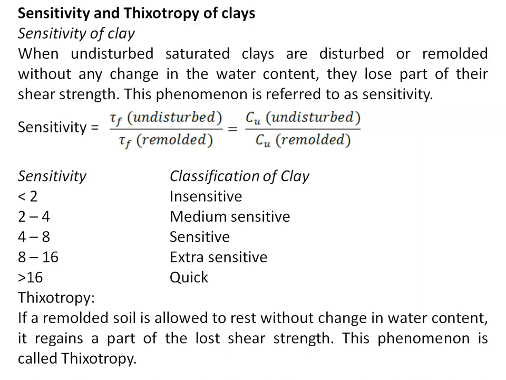Based on the value of sensitivity, we can classify the clay. If the value is less than 2, it is called insensitive. Between 2 and 4, medium sensitive. Between 4 and 8, sensitive. Between 8 and 16, extra sensitive. And if it is greater than 16, it is called quick.